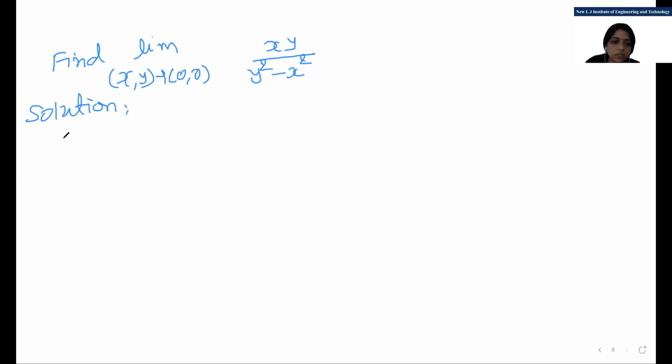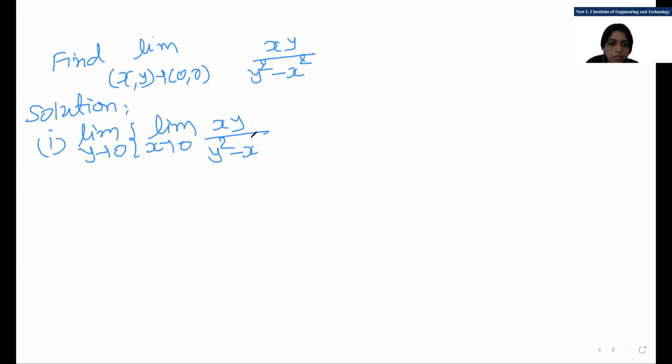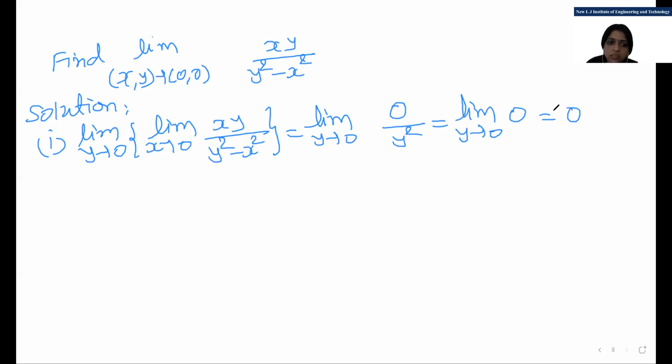So our first step, as you all know, limit y tends to 0. Here, limit x tends to 0, xy upon (y square minus x square). So limit y tends to 0. If I keep 0 in place of x, then I have 0 into y, that is 0, upon y square minus 0. So 0 upon y square is 0. So limit y tends to 0, here 0, our answer is 0.